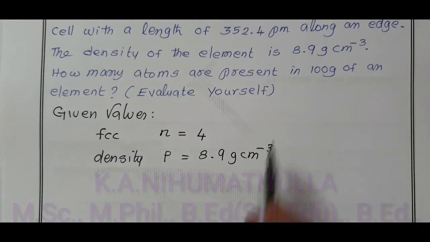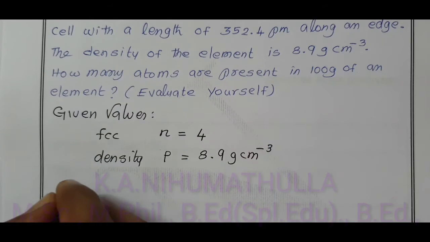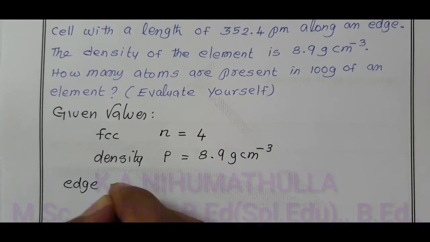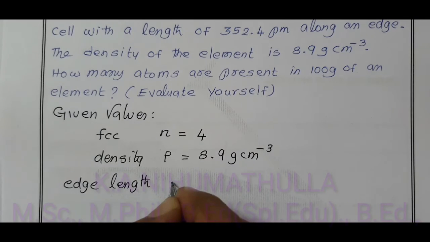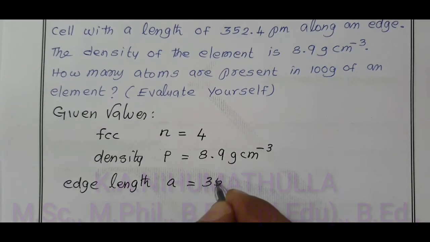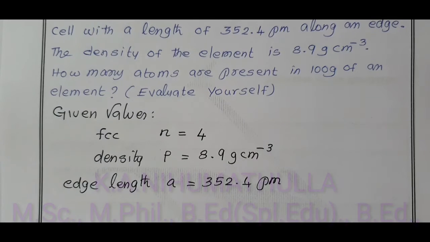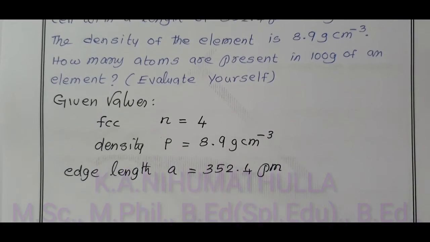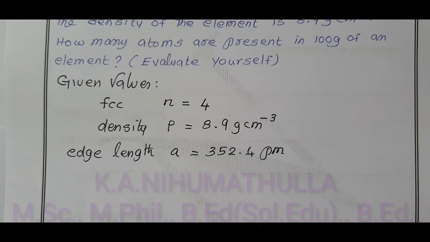Edge length is also given in picometer. Edge length a is equal to 352.4 picometer. 1 picometer equal to 10 power minus 12 meter, or 1 picometer equal to 10 power minus 10 centimeter.